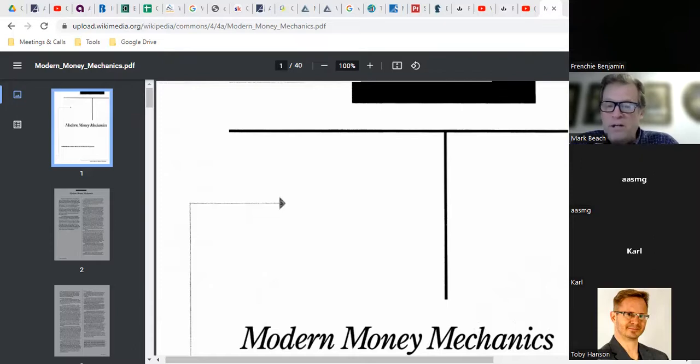timing is another issue that you have to take into consideration when investing. And he mentions specifically, as the old adage goes, the market can remain irrational longer than you can stay solvent.